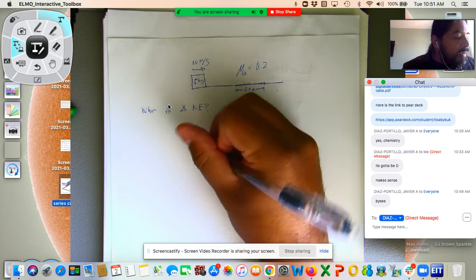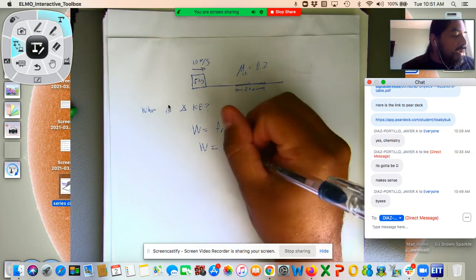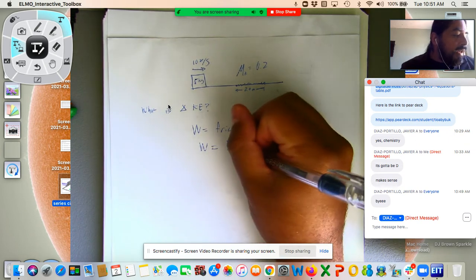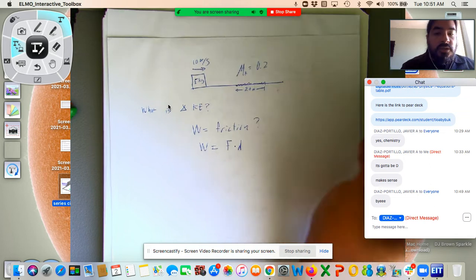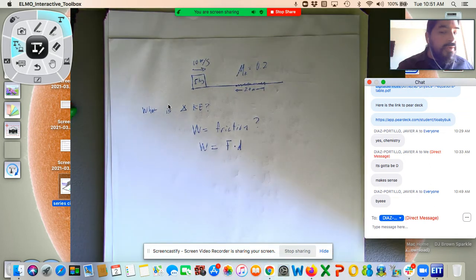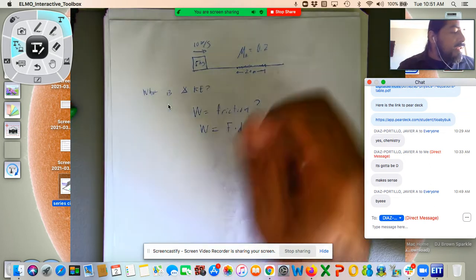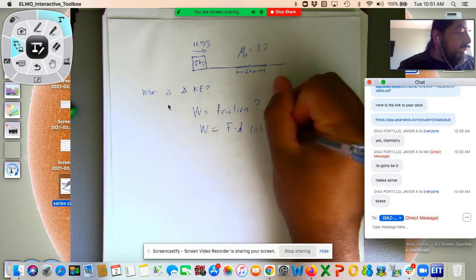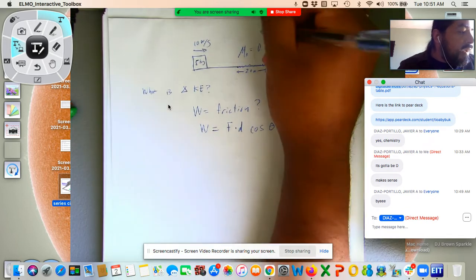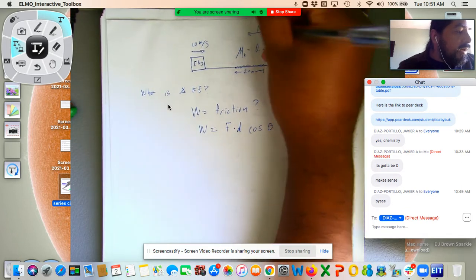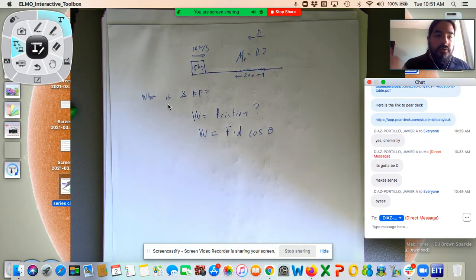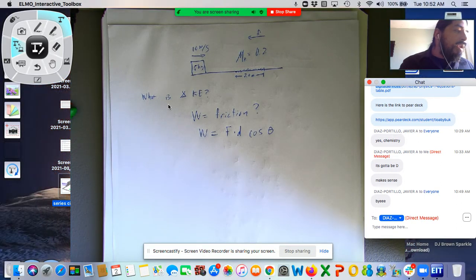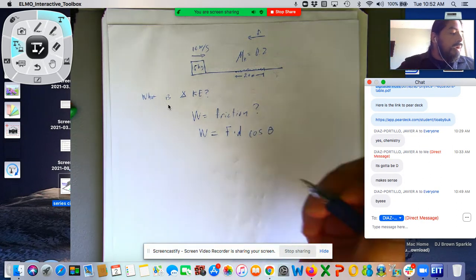If you remember, the general equation for work is the force times the displacement, and I'm going to use the notation you'll see on the AP Physics 1 equation sheet, times the cosine of theta. This theta depends on the angle. In this case, friction is acting in the opposite direction of the travel, so the angle is zero, and the cosine of zero is one.